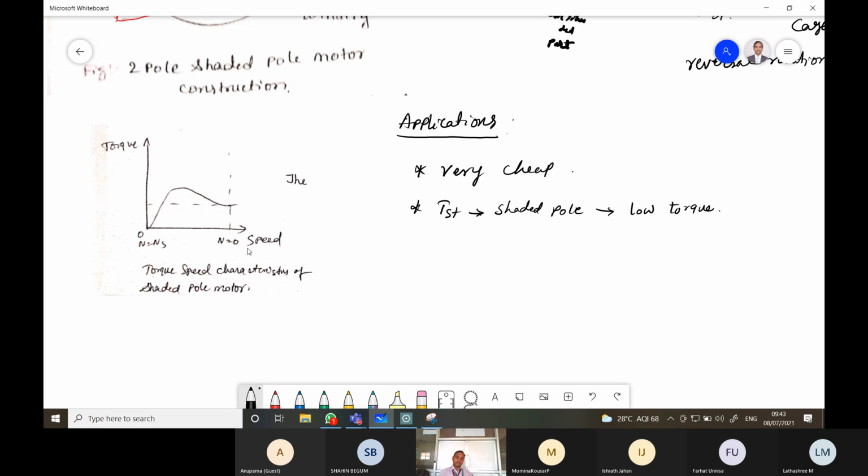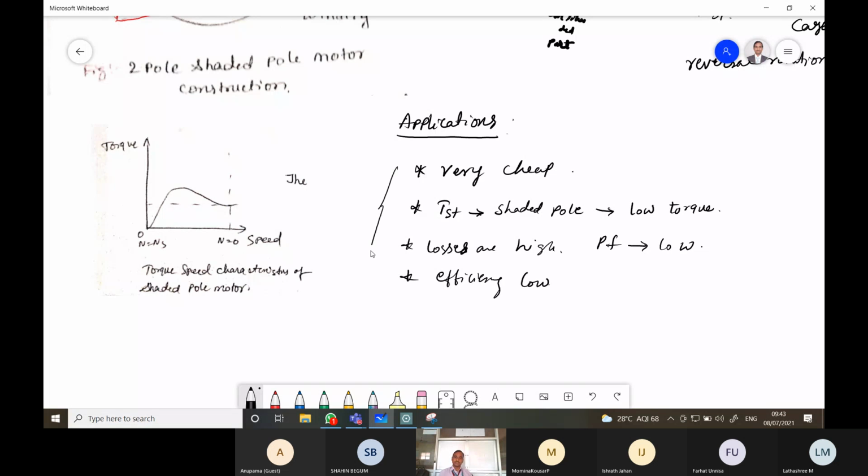Therefore the losses are high in this case, and the power factor is also low. Consequently the efficiency of the shaded pole motor is also low.